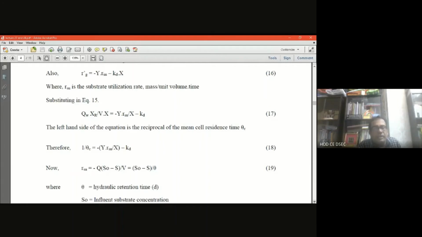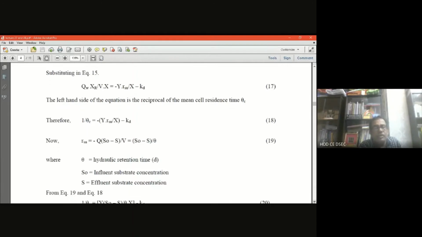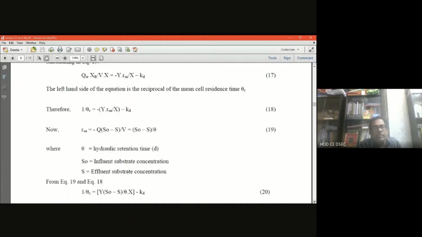So substituting this value of theta we get Rsu equal to (S0 minus S) by theta. Now theta is the hydraulic detention time, S0 is the influent substrate concentration, S is the effluent substrate concentration.